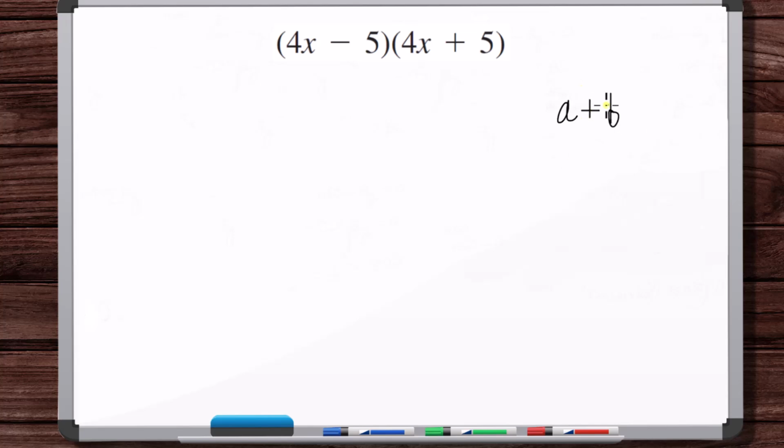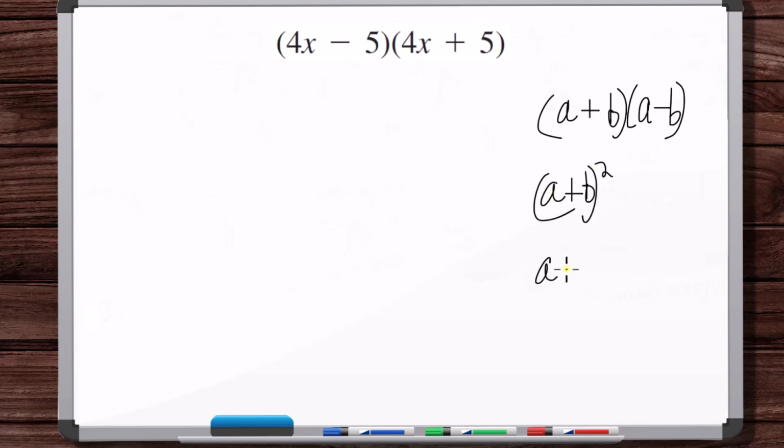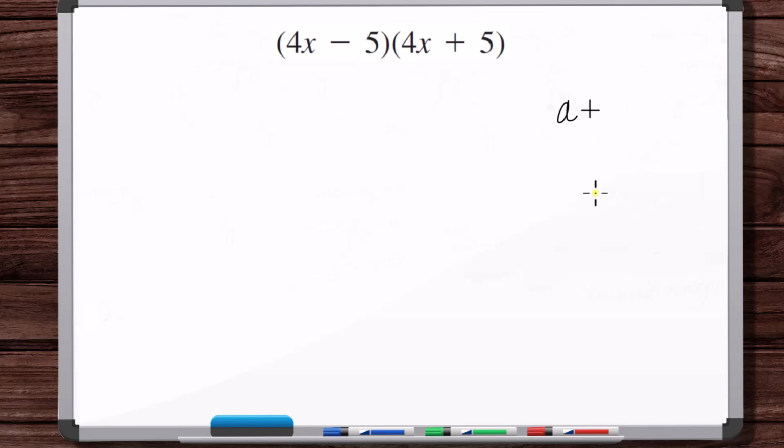We developed the formula for a plus b times a minus b, where a could be any polynomial term, b could be any polynomial term. We developed the formula for a plus b squared and a minus b squared. But again, this is all distribution and addition, subtraction, multiplication. So any kind of expression obeys these formulas here.